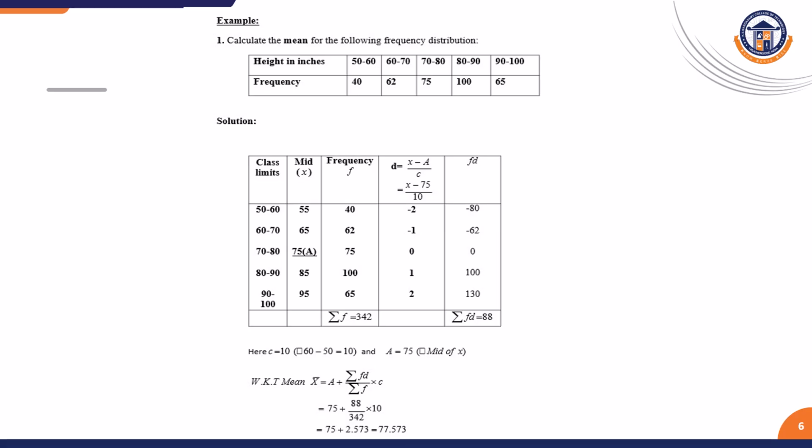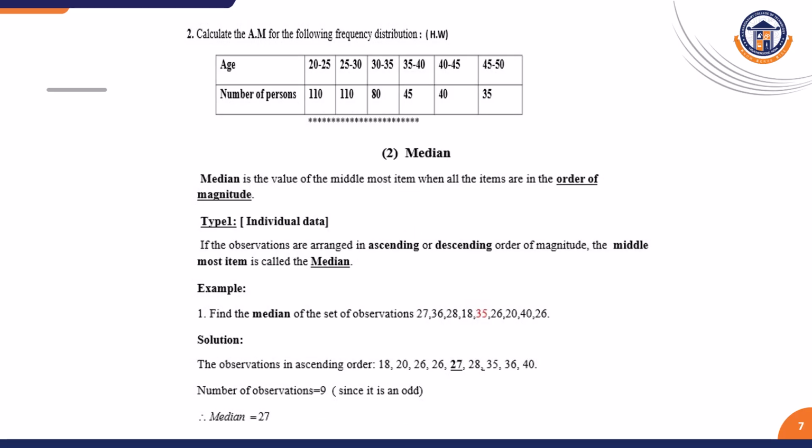Similarly we find the d value for all these data. Then the final column is f into d; we simply multiply, then find summation fd. So x bar equals capital A plus summation fd by summation f into c. The answer is 77.573. This is another example problem.